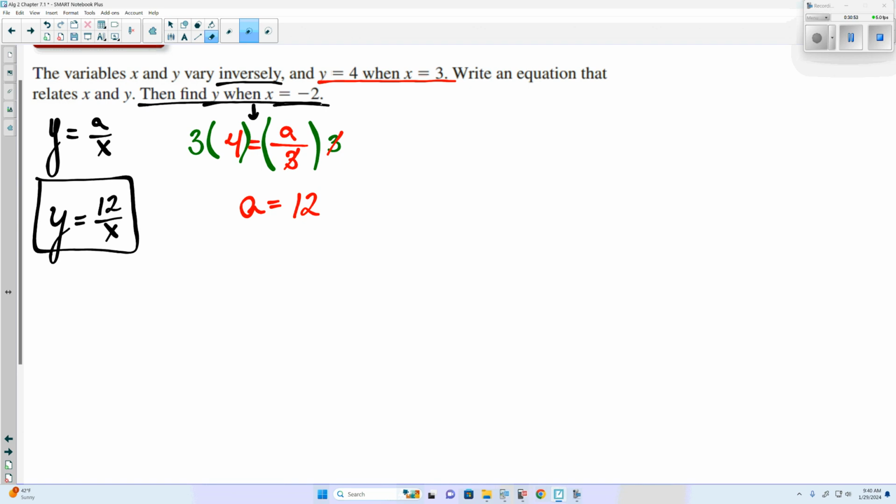Then find y when x is negative 2. So 12 over x. Exactly, so y equals 12 over negative 2. We're plugging that value in for x. 12 divided by negative 2 is?